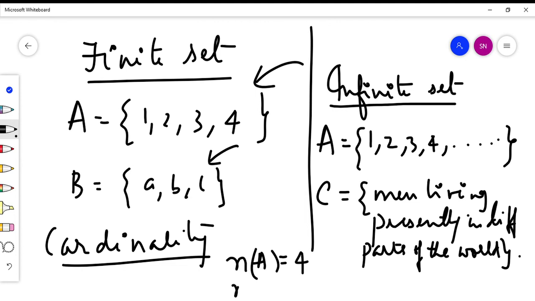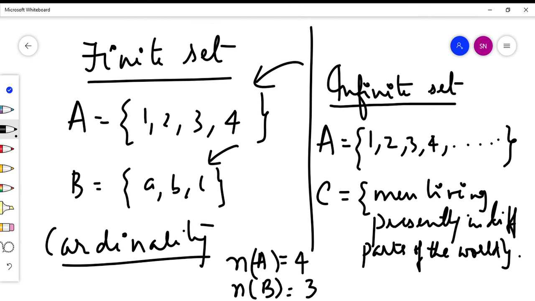Similarly, if I have to find the cardinality of set B, again cardinality is the number of elements in set B. Therefore I have three elements here. So this is called cardinality.